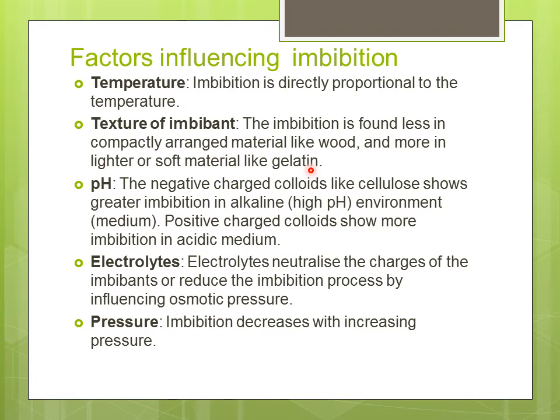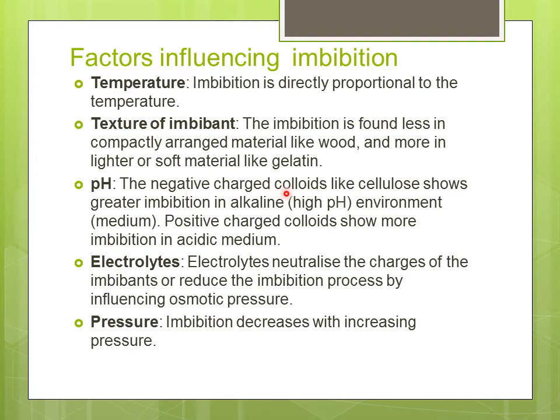So what is an imbibant? We have told that it is the material which is absorbing the imbibate. So it will be more in gelatin, which is a colloidal substance, than in wood. So gelatin is more suitable as an imbibant rather than wood.